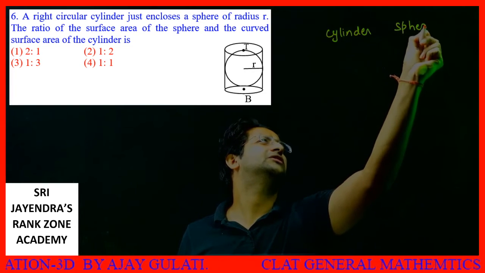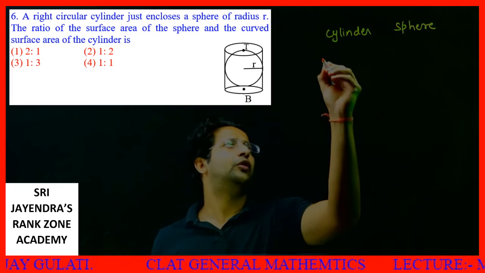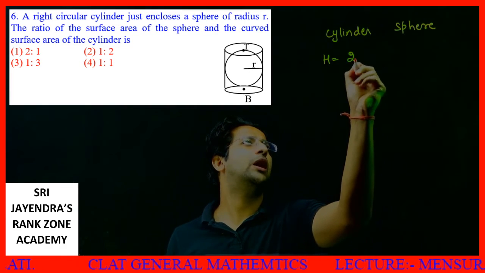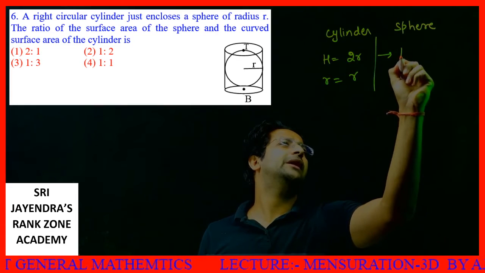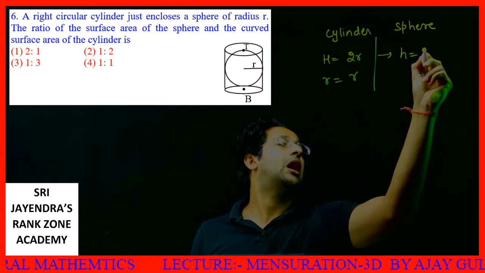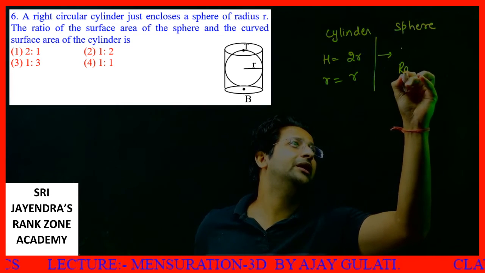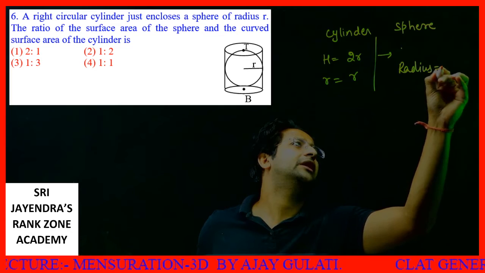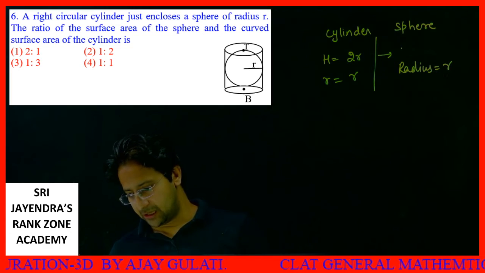Friends, all these questions are actually from my book only. Cylinder, sphere. So what will be the height? Height will be equal to 2r. What will be the radius? Radius will be equal to r. In a sphere, there is nothing called height; the radius will be r only. Now what is being asked?